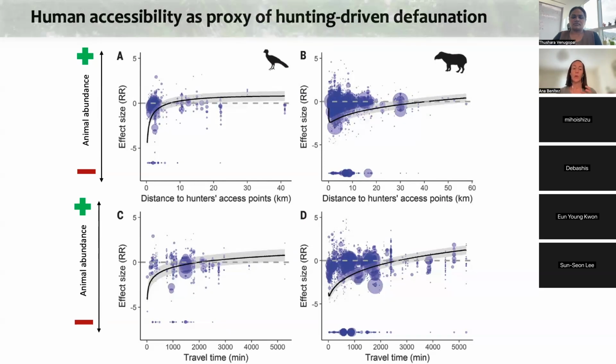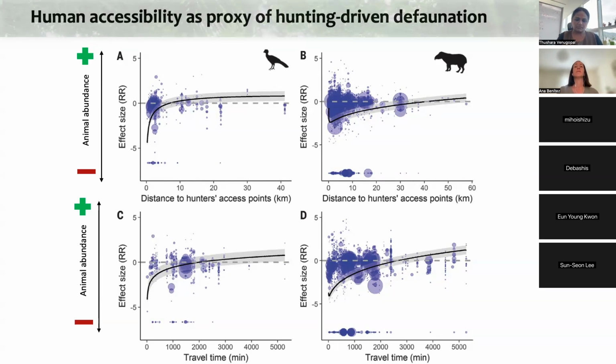So basically, we're not looking only at whether subsistence hunting has an effect, so hunting for own consumption, but also if hunters decide to commercialize their products. And indeed, again, we found a clear effect of areas closer to these major cities having more depleted populations of birds and mammals.